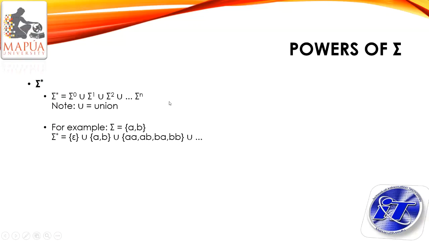For example, epsilon, A, B, AAB, etc. Based on this example, we could say that language 1 is a subset of sigma asterisk, language 2 is a subset of sigma asterisk, and language 3 is a subset of sigma asterisk.